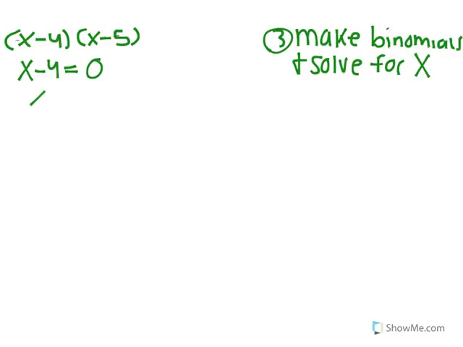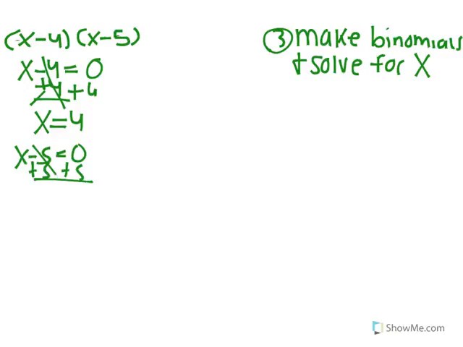This one's going to be, I add 4, those cancel. So I get x equals 4, and then x minus 5 is equal to 0, plus 5, x is equal to 5.